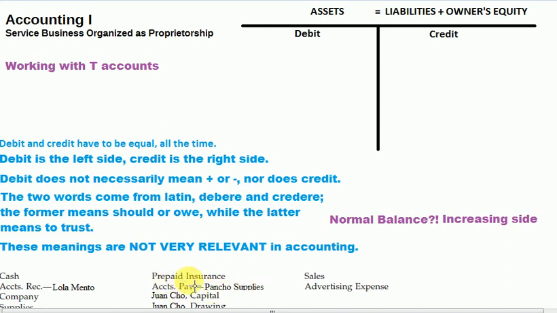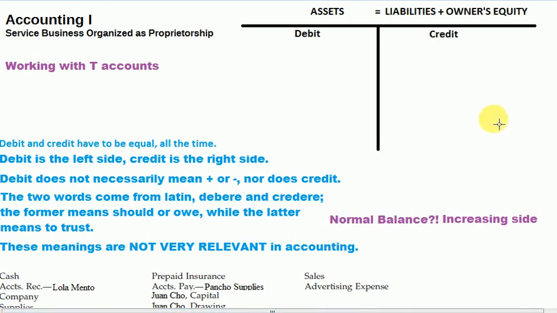So liability is located on the right of the equal sign, the right side, also known as the credit side. That tells us account payable has the normal balance of credit. When your debt increases, when your account payable increases, you can say my account payable is credited.